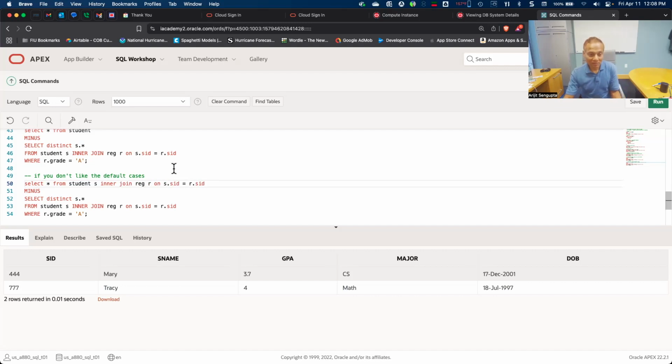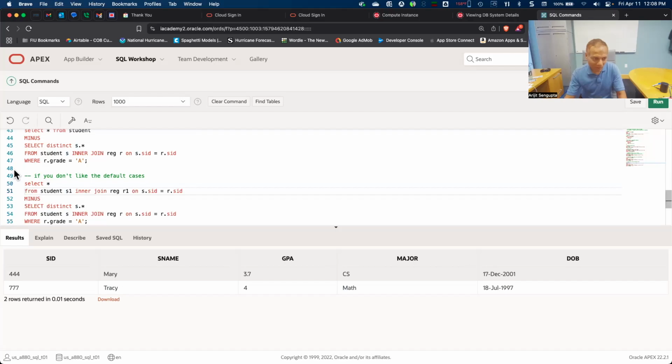That's it. Actually, I like to always use different aliases, although these two are not related. Notice that this is a minus, so these two queries are independent, but even then, I like to use different aliases. If I'm using two S's, you might get confused about which S it's referring to.